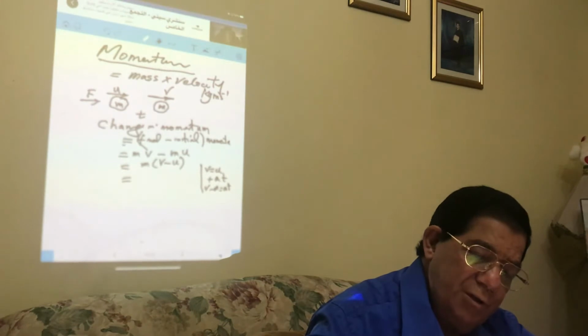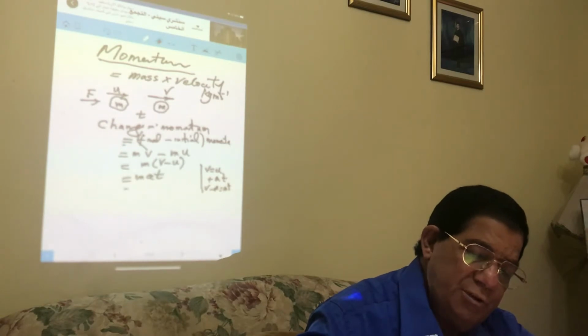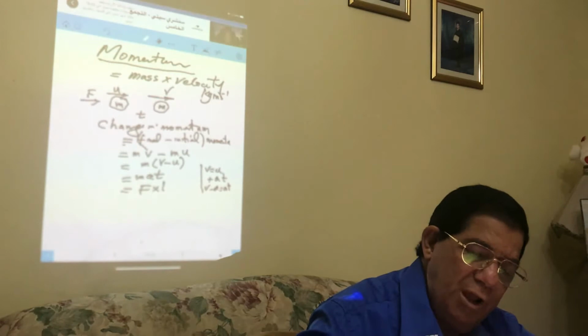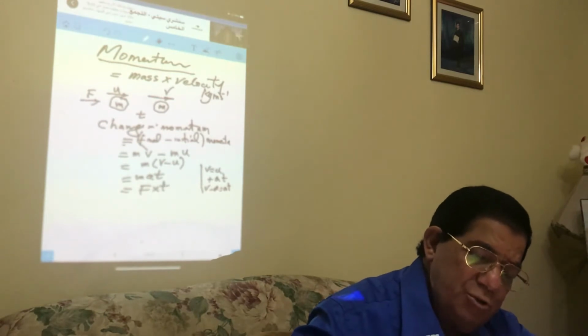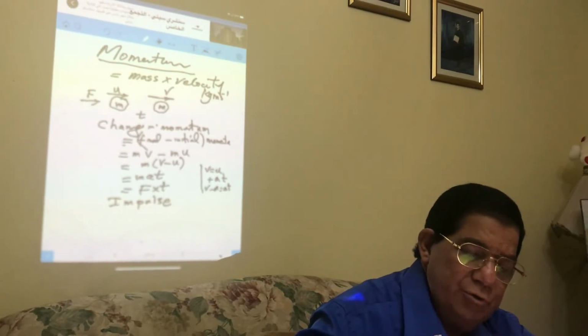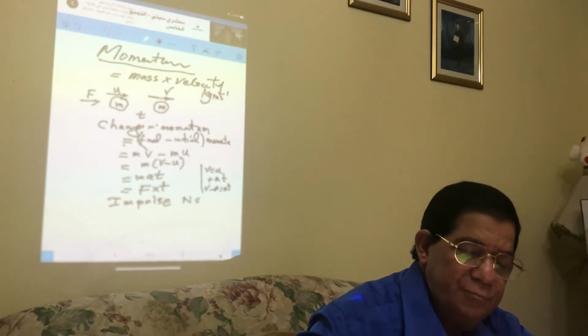If instead of v minus u we write at, mass times acceleration is force. Force times time. This quantity, force times time, is called impulse. Its unit is Newton second.